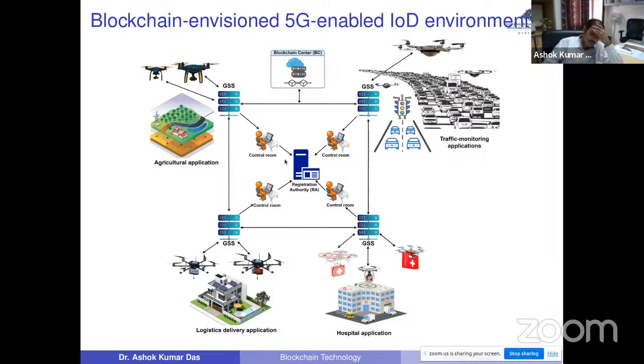In the drone data delivery and collection scheme, for example, your control room can instruct a GSS, and the GSS in turn instructs a drone to monitor some conditions and take some pictures, and the drone sends the data collection information to the GSS.